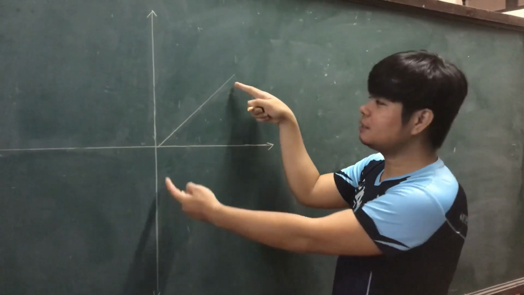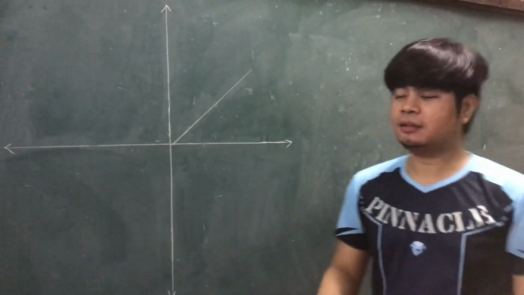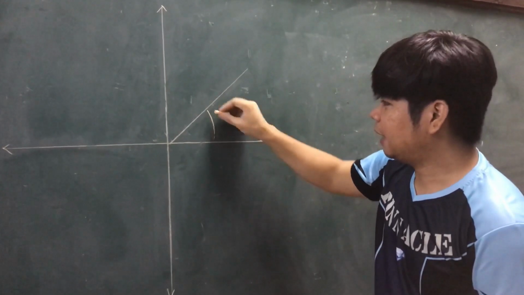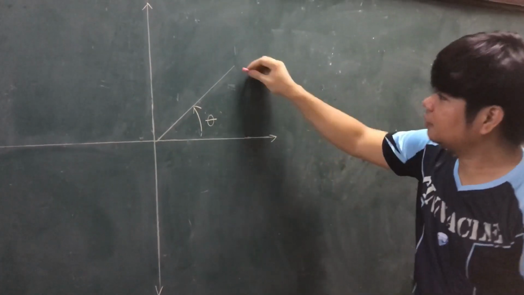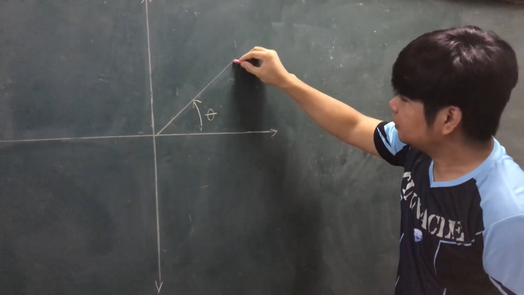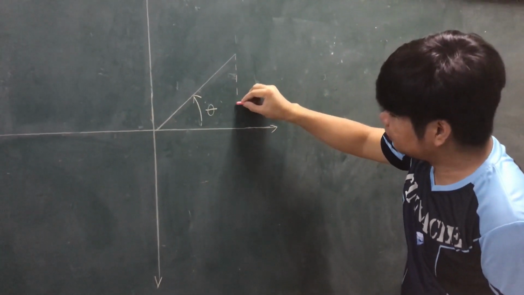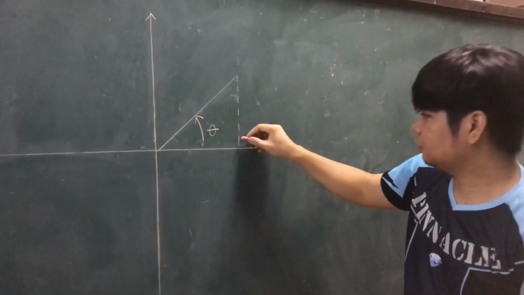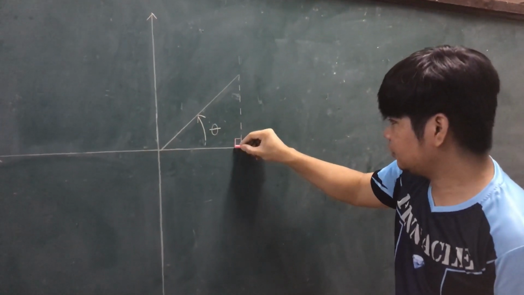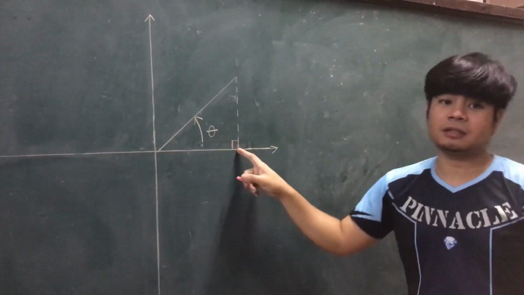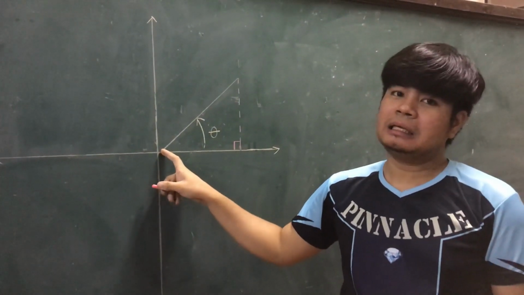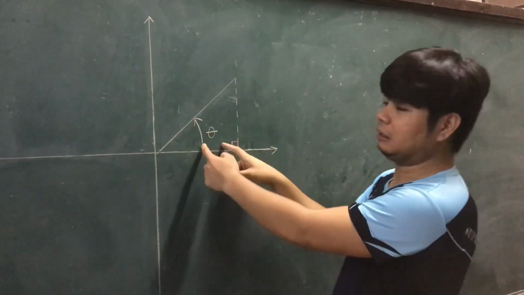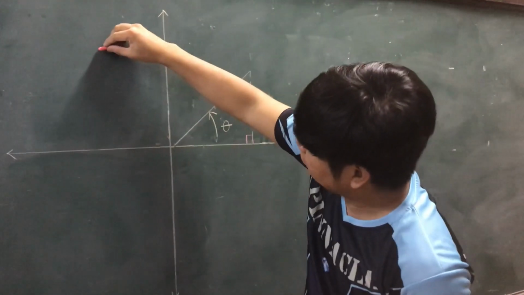Okay, consider this terminal side which is generated by an angle theta here. And I will create a triangle. So I will draw an imaginary vertical line here, so I'm able to create a right triangle. Now imagine if I add a 90-degree angle from this theta.